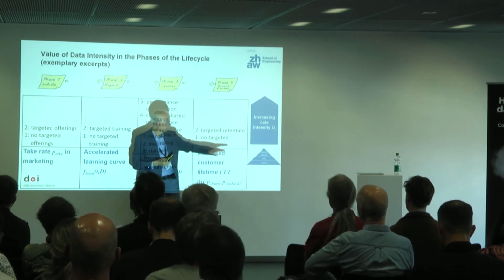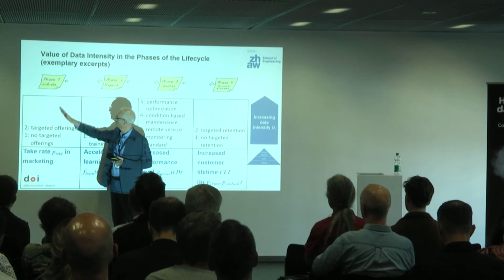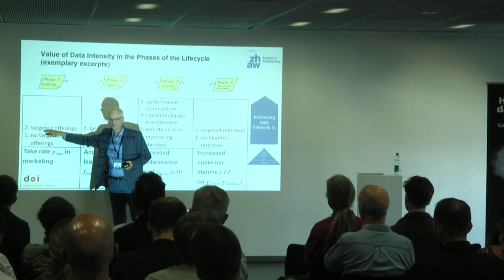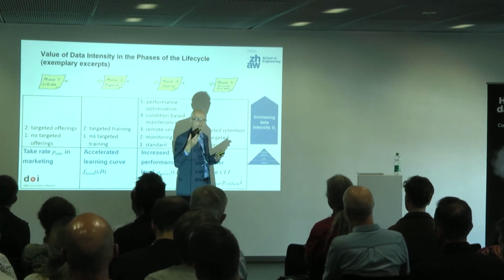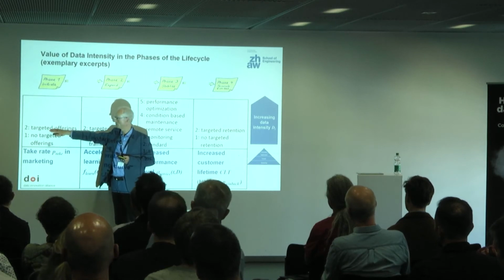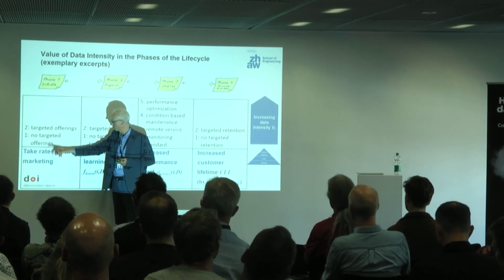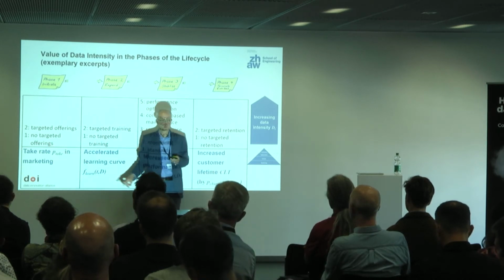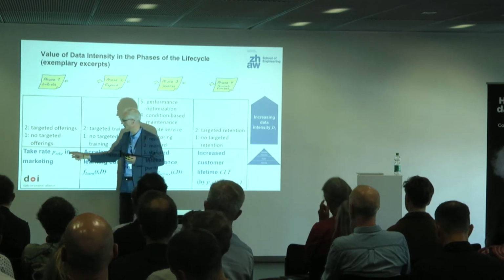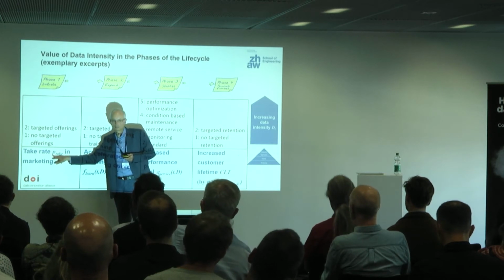We could actually take anything out of this triangle, but we took, to illustrate an example, in the initiate phase, we can leverage data of the customer to find out what are the customer's needs and which is the best offering that we can provide to the customer, versus using no data, no targeted offering. Mathematically, this is represented in the take rate, a higher or lower probability of the customer taking our product, getting the right product, and our waste in our marketing process.